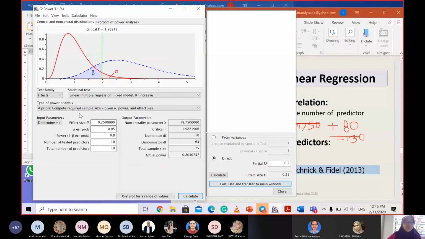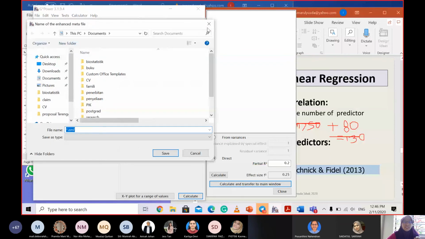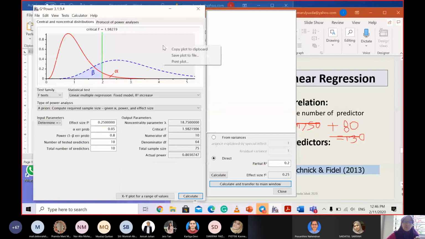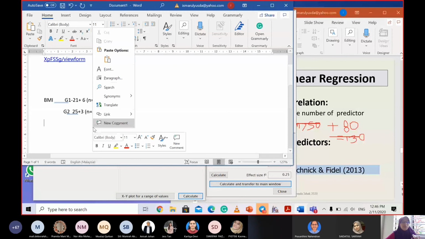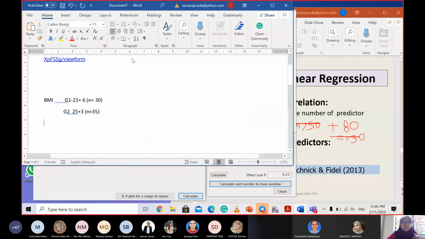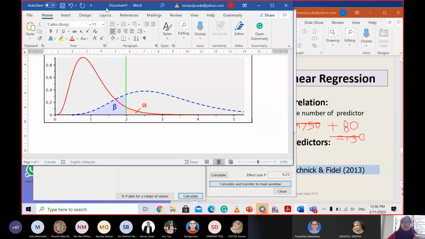Okay, so from here, if you want to present, you can print screen this one, or you can click this one, save plot, copy plot to clipboard. Go to this one. Okay, copy and paste. Easy.